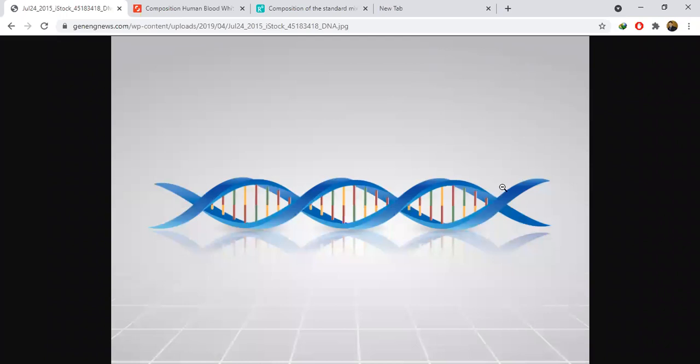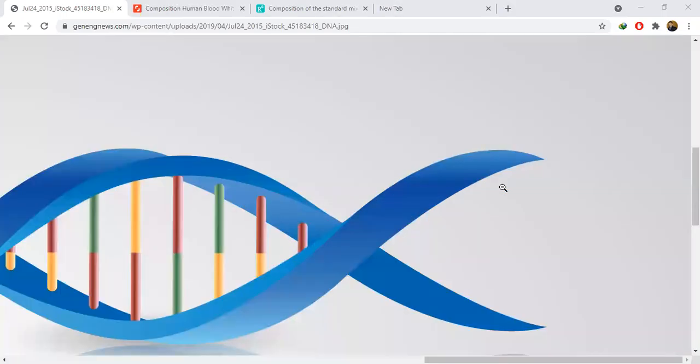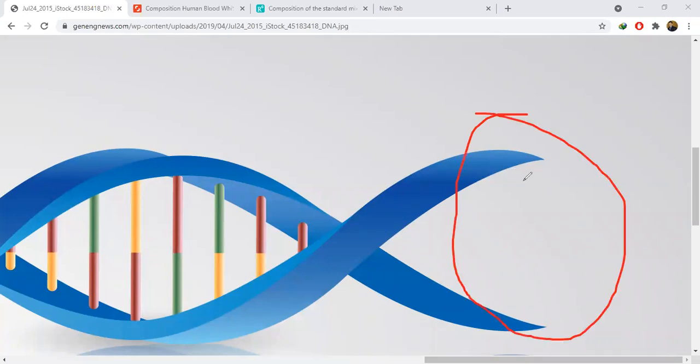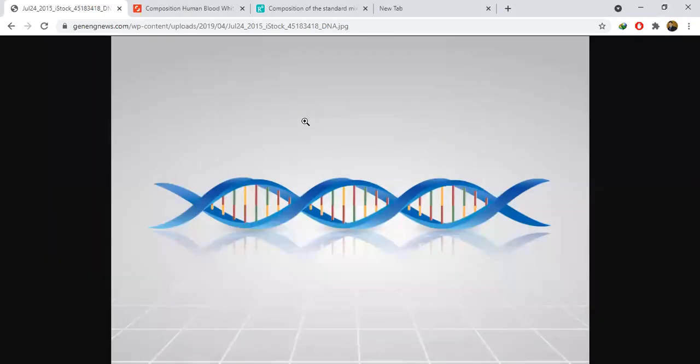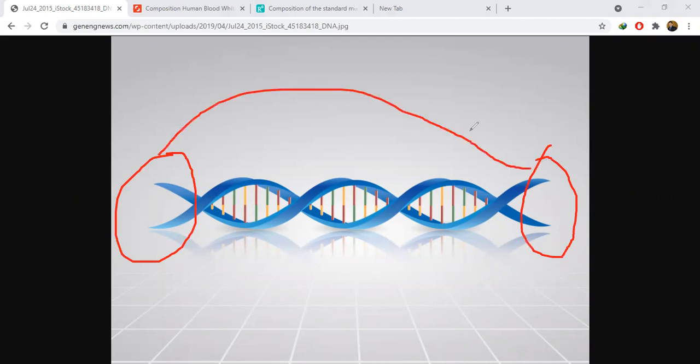Here we have the free ends, open ends. And those open ends are missing in the circular DNA. In circular DNA, what happens? This end and this end, they close. Understood?